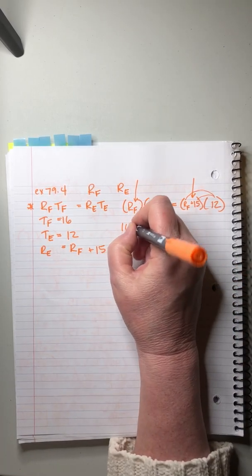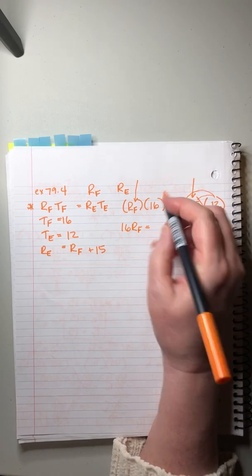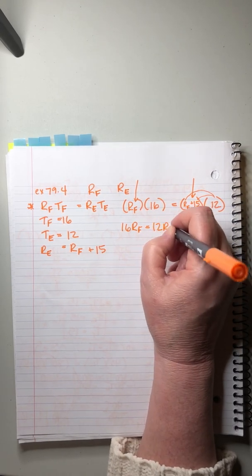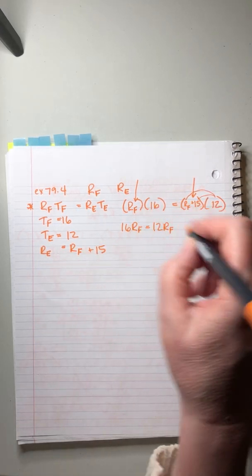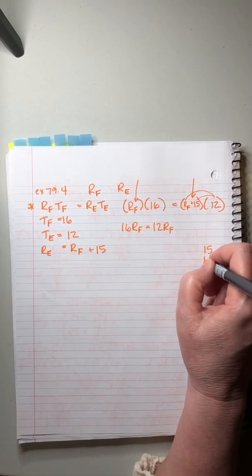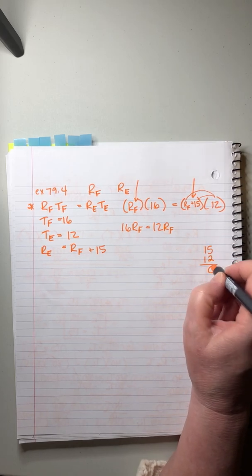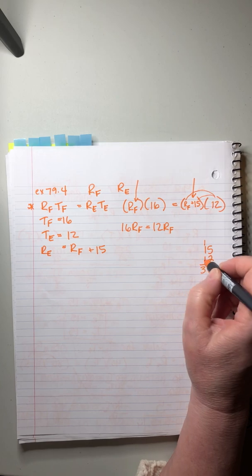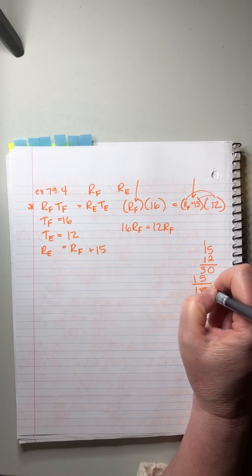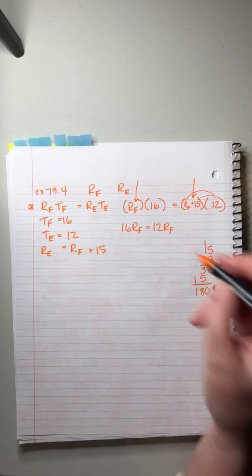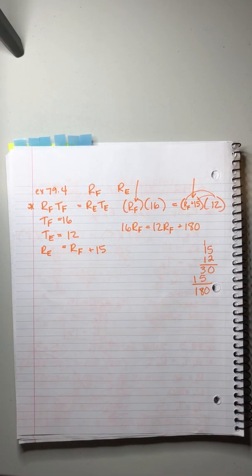So we're going to make that 16 RF equals, and this will be 12 RF plus 15 times 12. I've been a wreck with my basic multiplication today. I've made so many mistakes in the other lessons I've taught that I will take nothing for granted. Plus 180. Make sense?